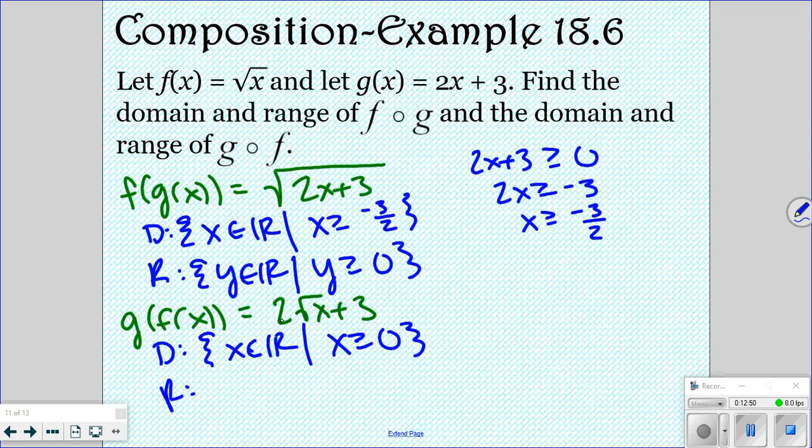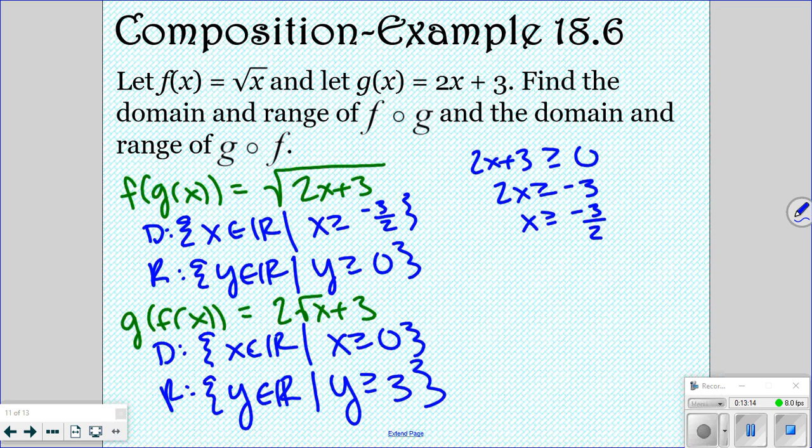And so 2 times 0 would be 0, plus 3, which would be 3. If I plug in any bigger number, this is going to be bigger than 0 plus 3. It's always going to be bigger than 3. So our range would be y is in the reals, such that y is greater than or equal to 3. So that would be your domain and range for those.